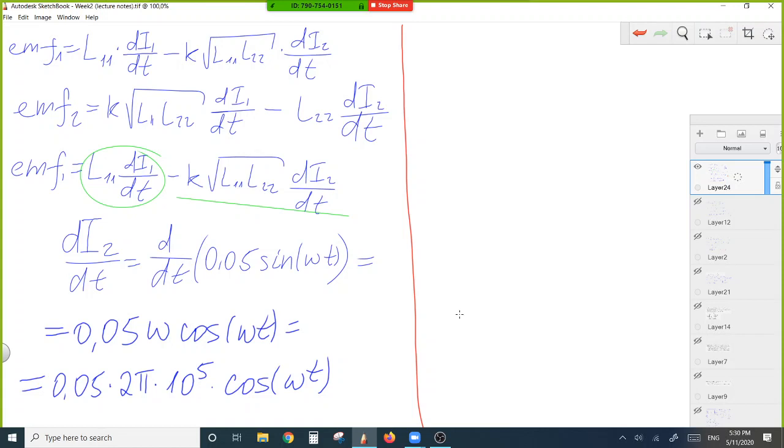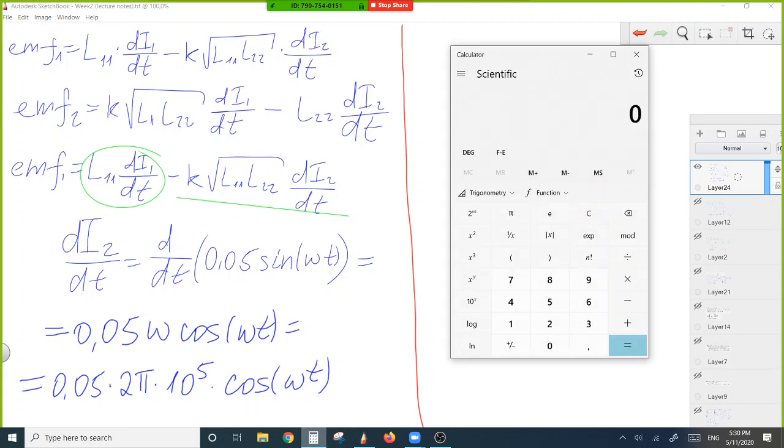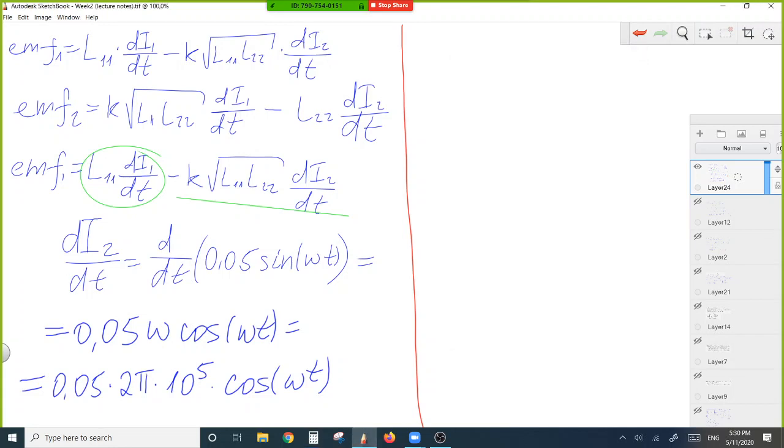So 0.1 multiplied by 10 to the power of 5, which is 10 to the power 4.